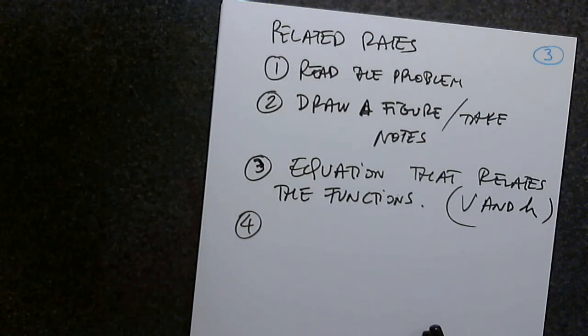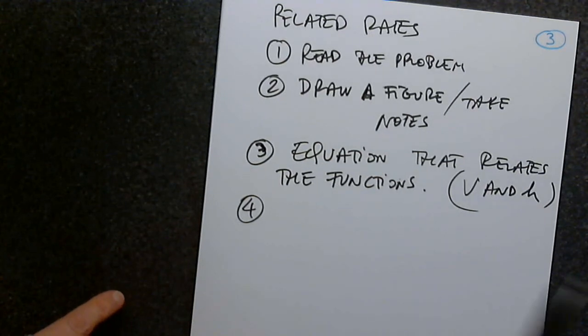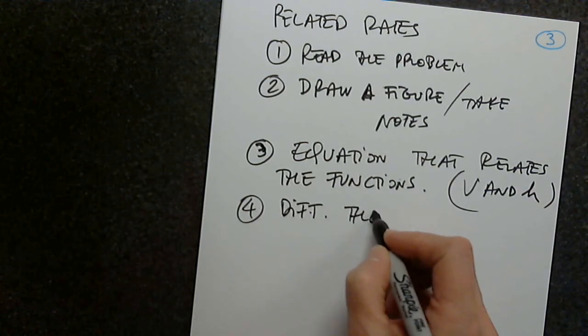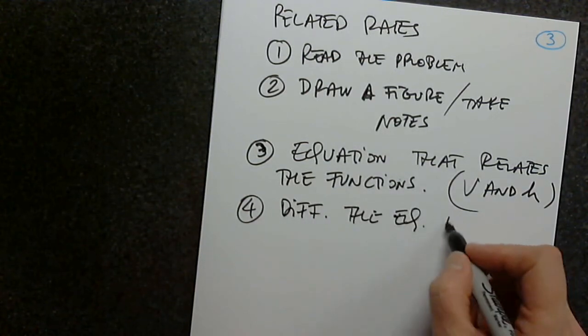But in this case, I was given a relationship, so I could get rid of the radius. But that's not going to be the case all the time. That's why I didn't put it here. So once I have the equation that relates the functions in question, I differentiate the equation implicitly.